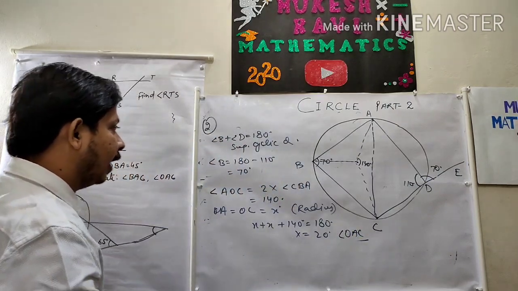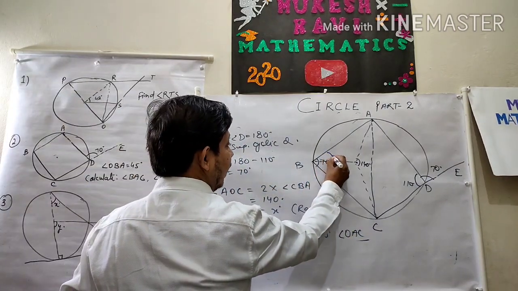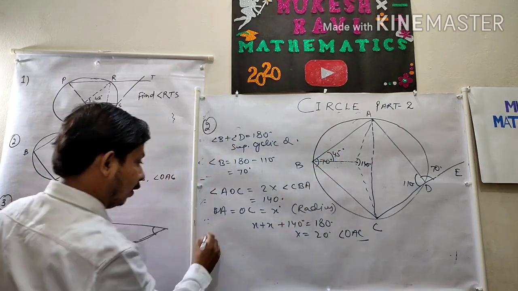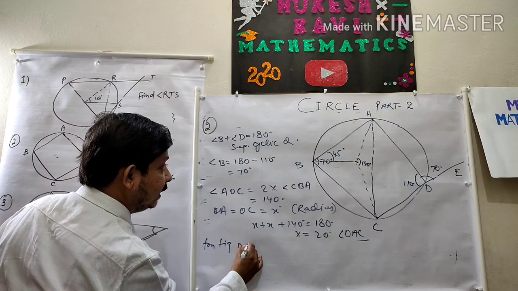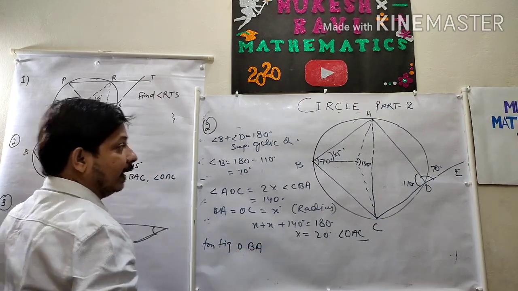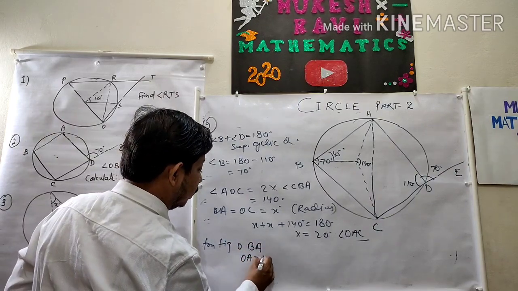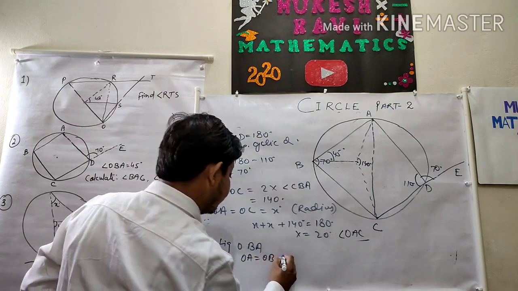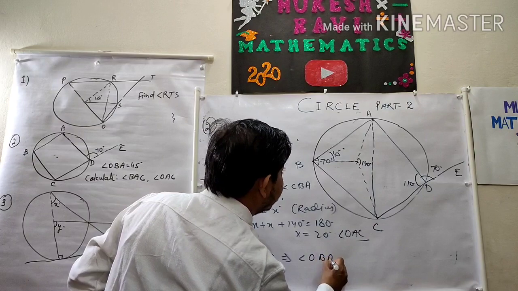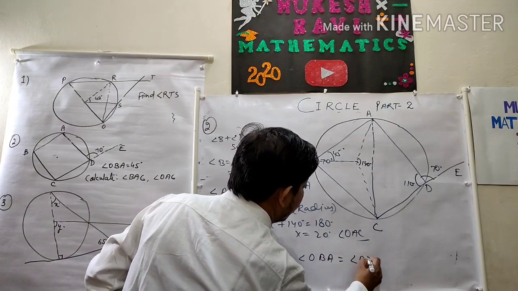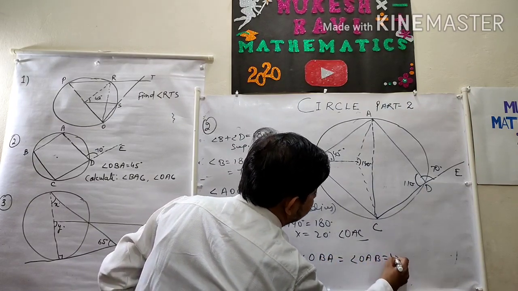Then we have to find, if this is 45 from the figure, OBA, again OA equal to OB, so this implies angle OBA equals angle OAB equals 45.